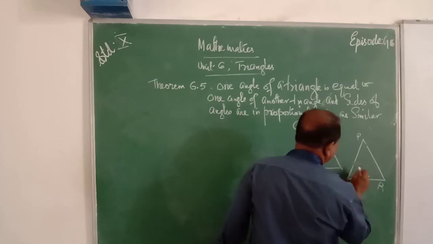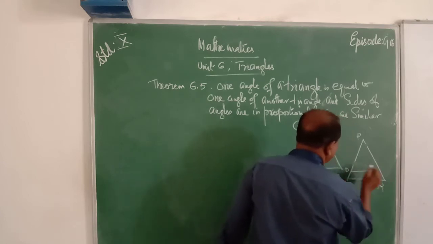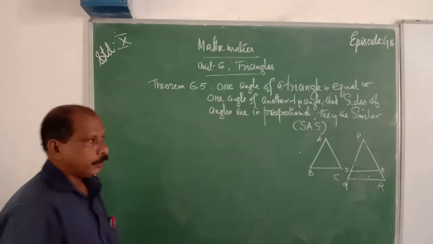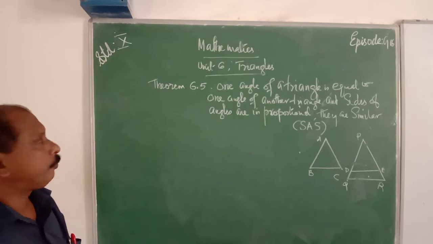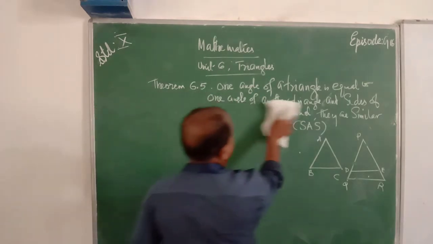Then similarly, construct DE. This is the side criteria for similarity.